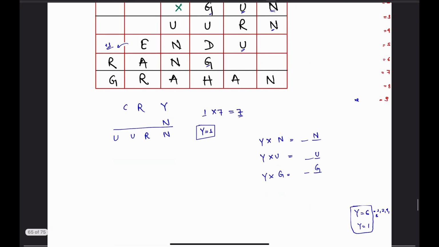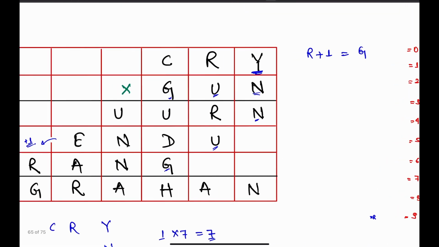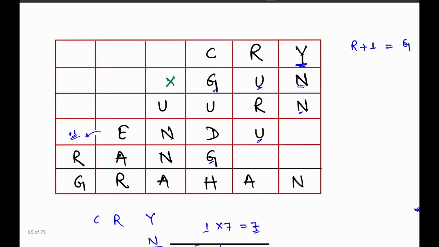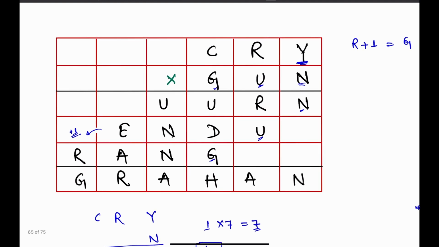Okay, let's try to find out now. 2 4 6 8. So one thing I can say is there is no y, right?